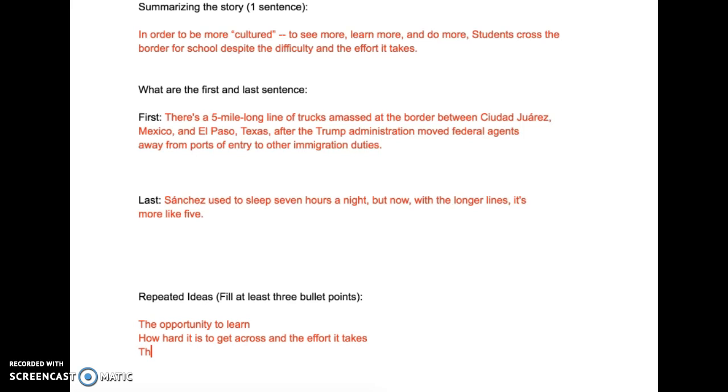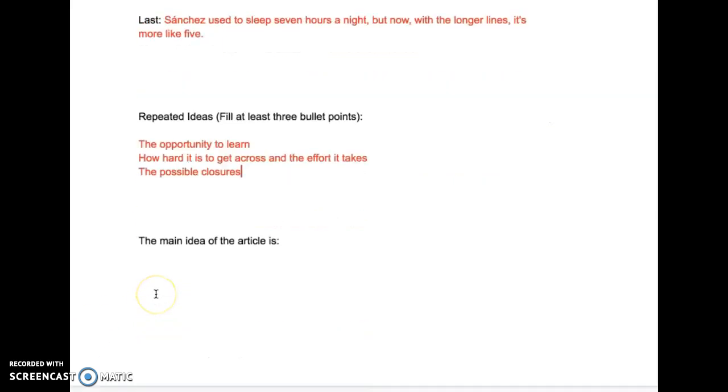And a third would have been the possible closures. And the main idea, of course, is up to you. I don't like to give you that because based on what we've talked about, what we've discussed here, I think that you are capable of coming up with what that main idea is.